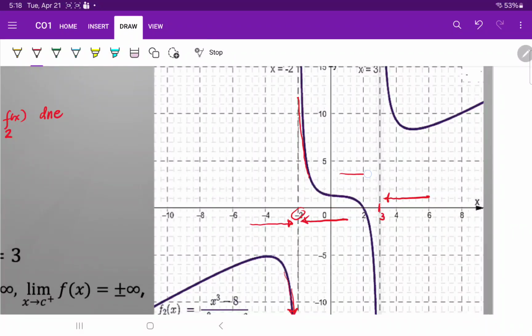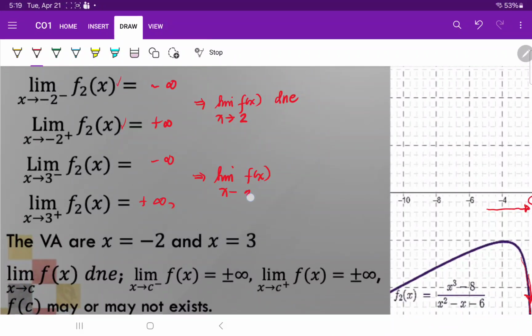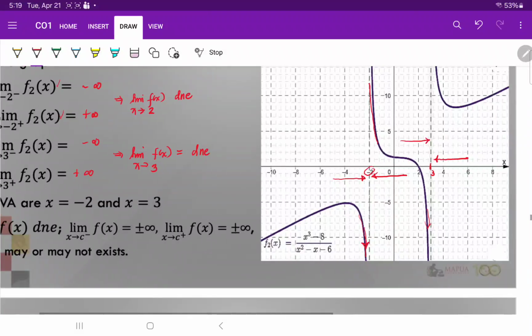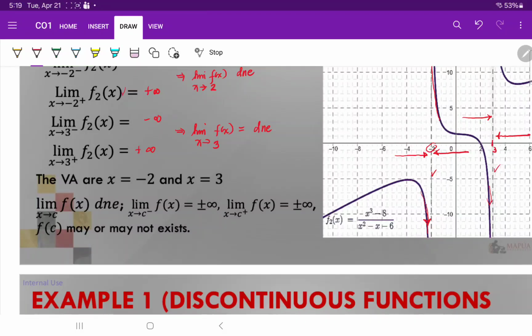Coming from the left of 3, you go down here. So it's negative infinity. So what's our conclusion here? Again, what is the limit of f of x as x approaches 3? The two-sided limit. Again, they are of opposite signs, so it does not exist. And we say here that x equals 2 and x equals 3 are our vertical asymptotes.